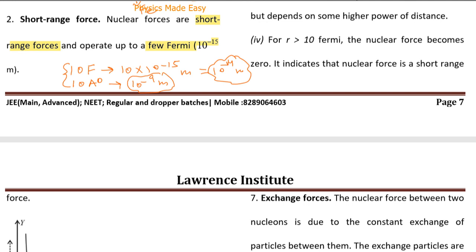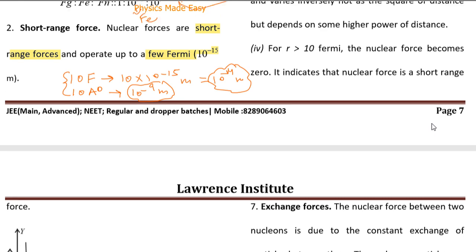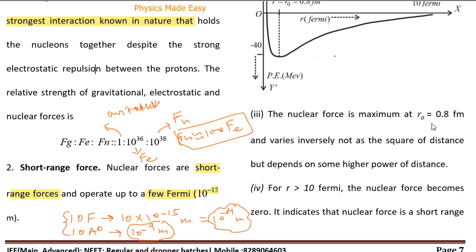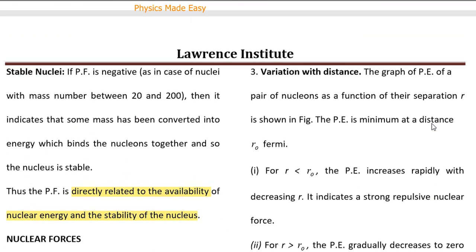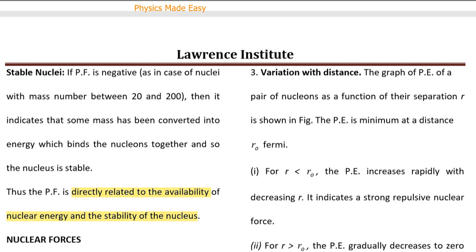So if we compare, electrostatic forces are about 10 raised to power 4 times longer in range than nuclear forces. Now let us discuss the next part, variation with distance.